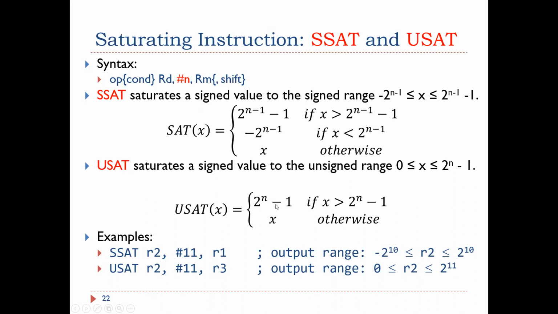So any number that is greater than 2 to the power n minus 1 will be replaced by 2 to the power n minus 1. Otherwise, it will be 0. So the instruction for this is unsigned saturate, by which you can define an output range, and anything beyond this range will be replaced by this value, 2 to the power n minus 1.